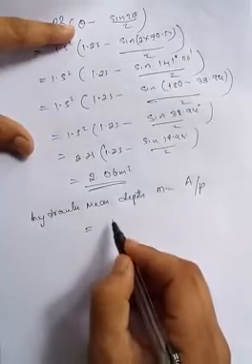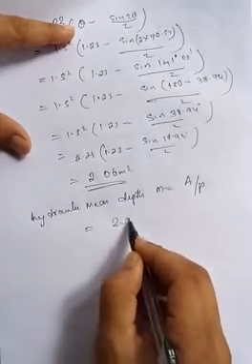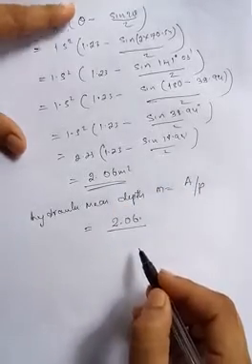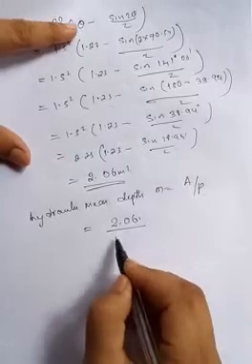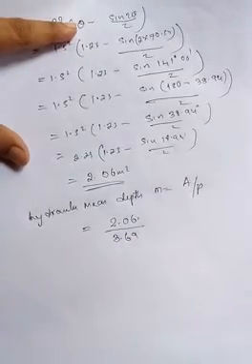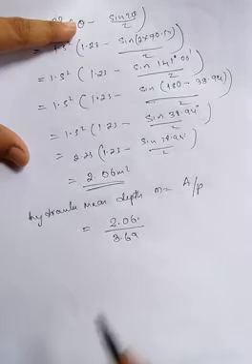You got the area is 2.06 meter square, and the wetted perimeter is 3.69 meter. So you got the hydraulic mean depth.